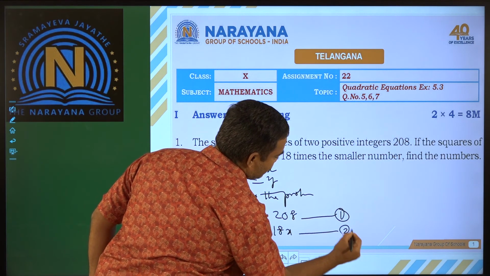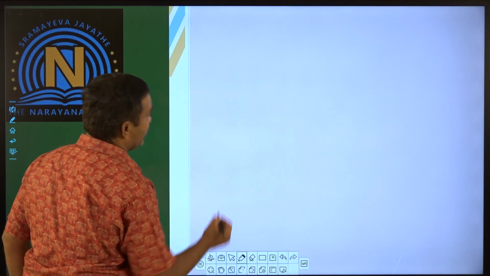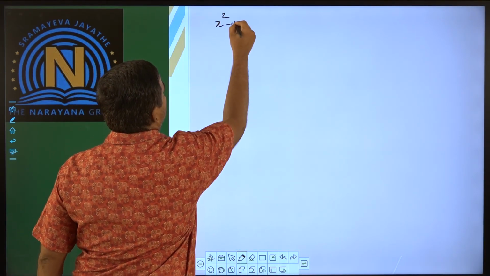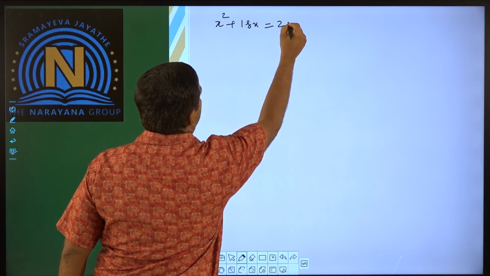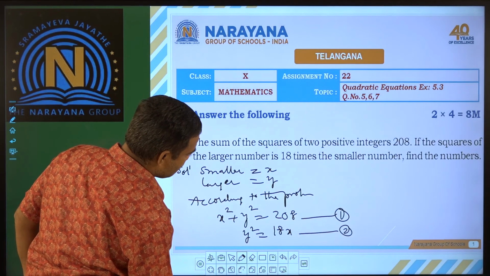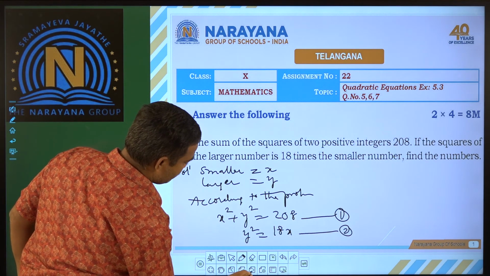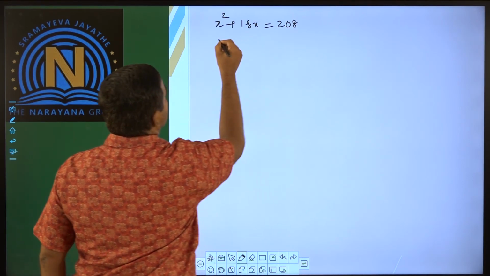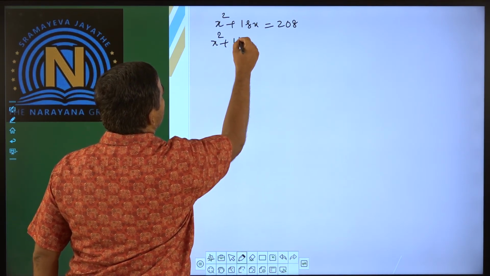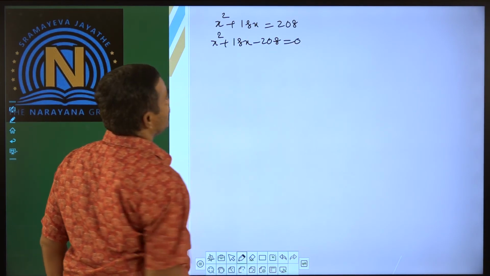So it is equation 2. From equation 1 and 2 we can write x square plus 18x is equal to 208. So x square plus 18x minus 208 is equal to 0.